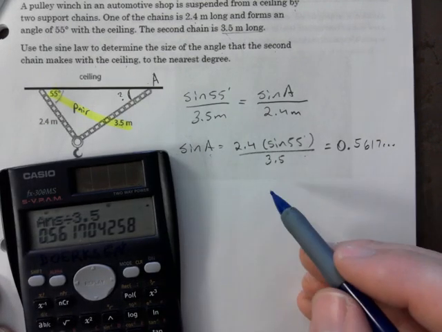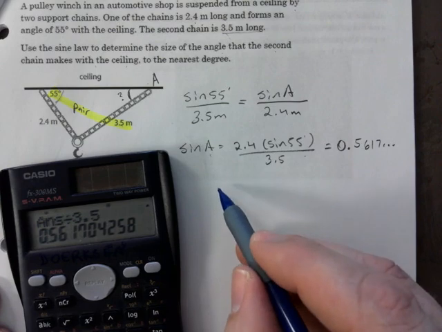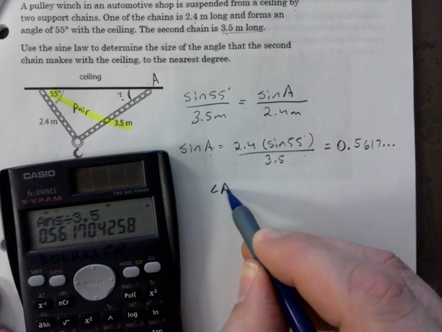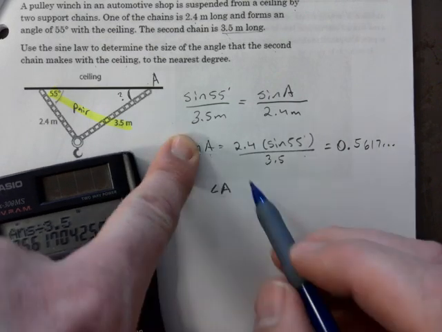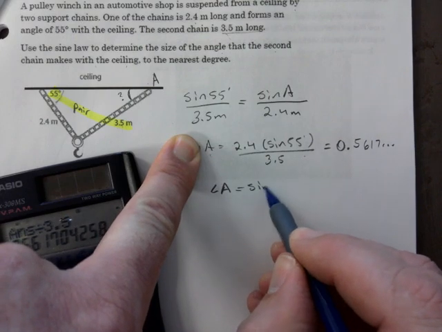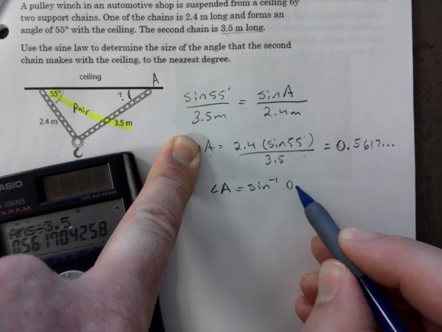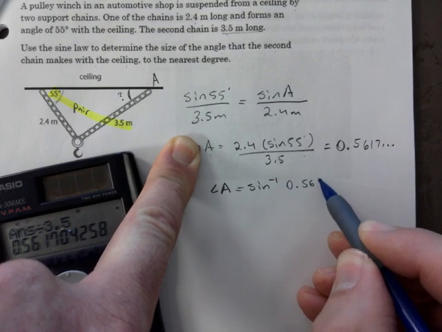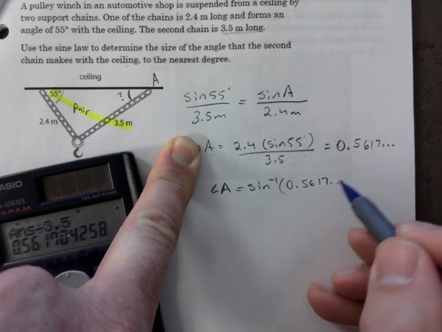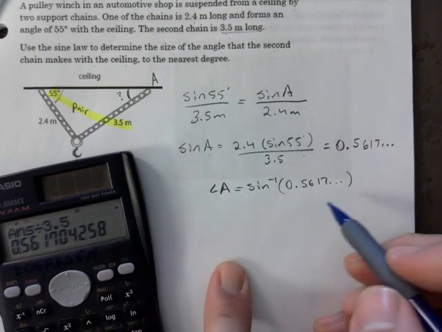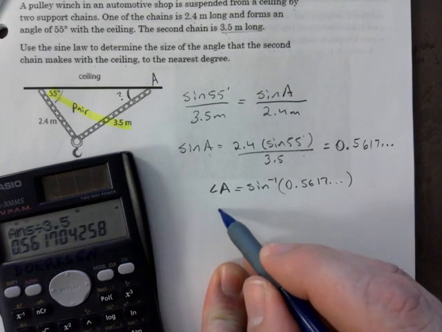So this is the step that a lot of you are skipping. You want to get rid of sine, therefore you need to take the inverse of the other side. It's like taking the square root of both sides. Whatever you do to one side, you have to do to the other. So this is the step that I would like to see.